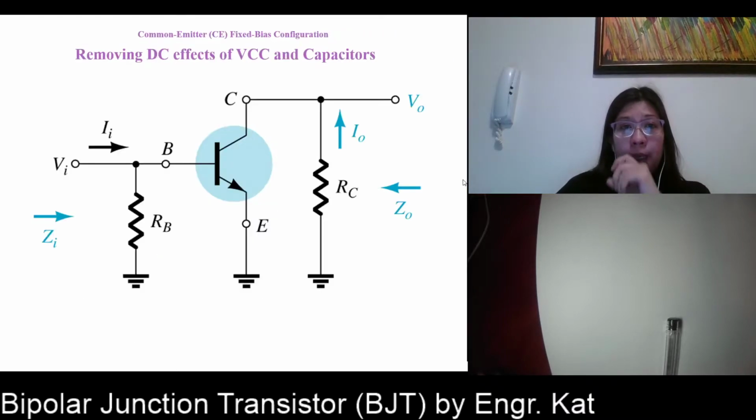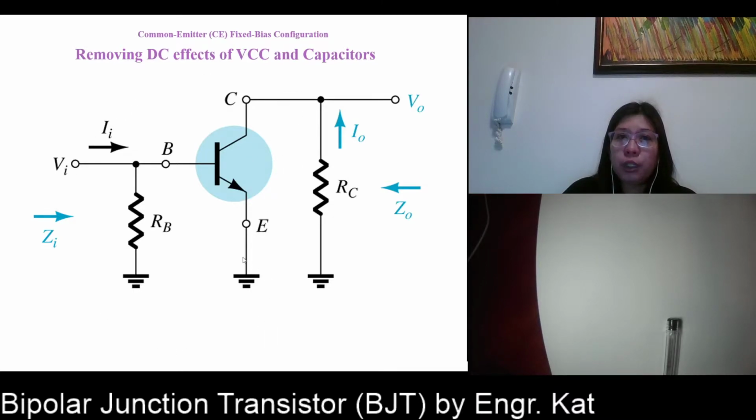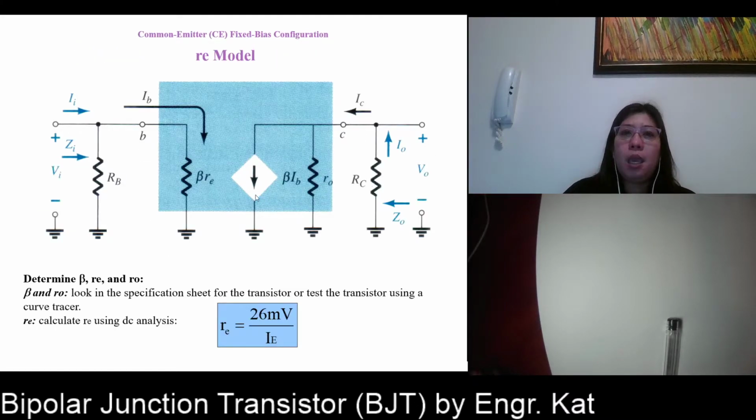So, we have here removing the DC effects of your VCC and shorting your capacitors. So this is your common emitter fixed bias configuration, and then replacing the transistor by its re model. The re model is in the blue box. So you have your beta re, and we have the current source, which is beta IB. In some books, they make use of the triangle instead of the circle.